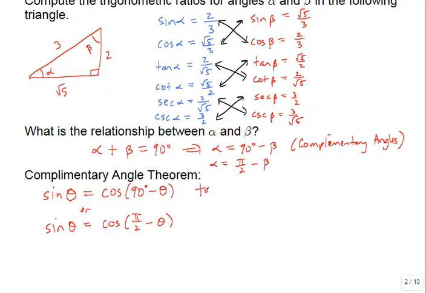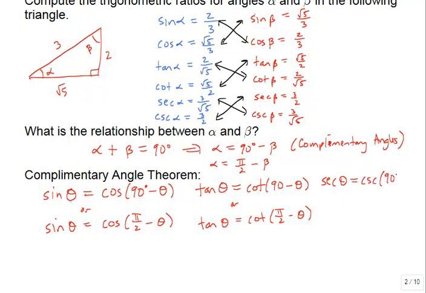Similarly for tangent, we would say that the tangent of any angle theta is equal to the cotangent of its complement. So either 90 minus theta or tangent of theta is equal to cotangent of pi over 2 minus theta if we're using radians. And finally, secant of theta will always equal the cosecant of its complement.